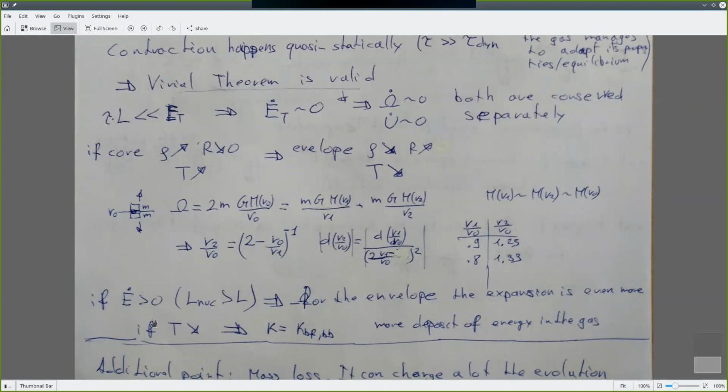And since the temperature of the envelope goes down, we are definitely no longer in constant opacity. We are going to opacity in bound-free and bound-bound. They are really stronger, so that means there will be more blocking of the radiation, so we deposit more energy in the gas that causes an expansion of the gas.